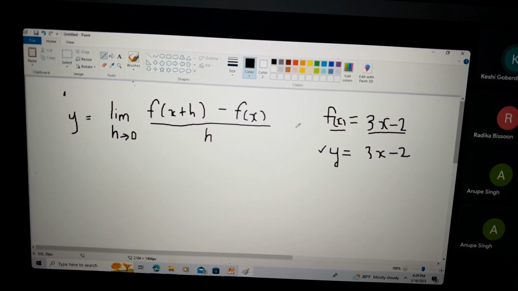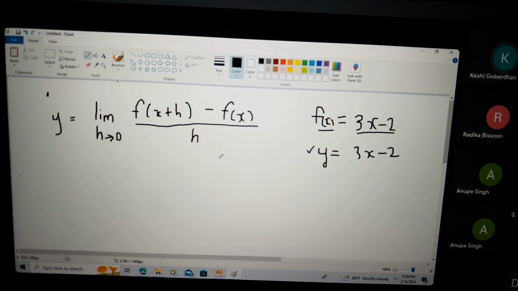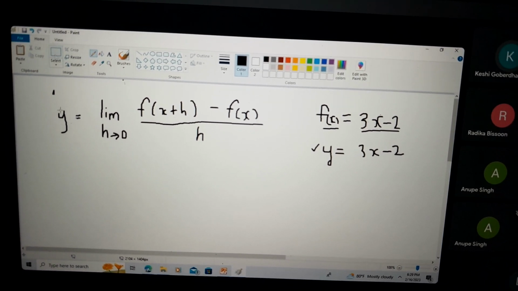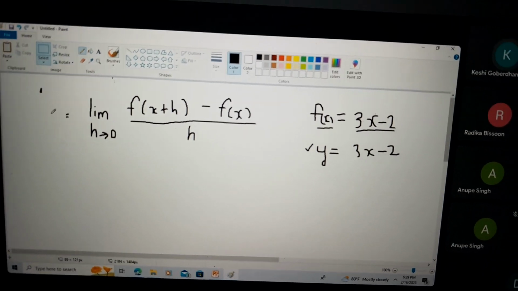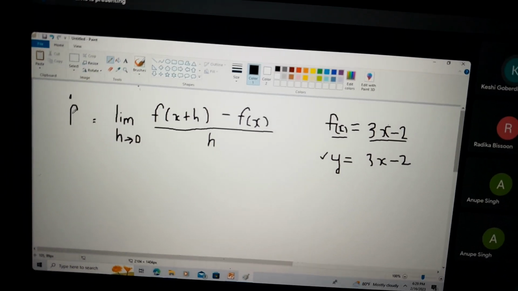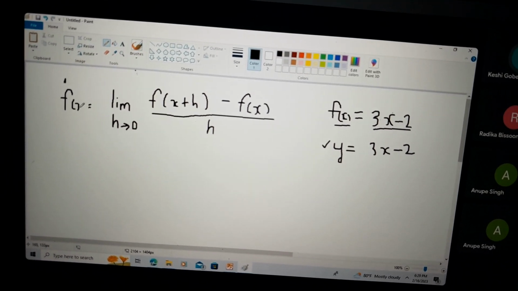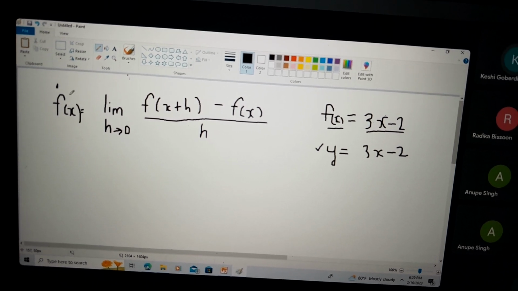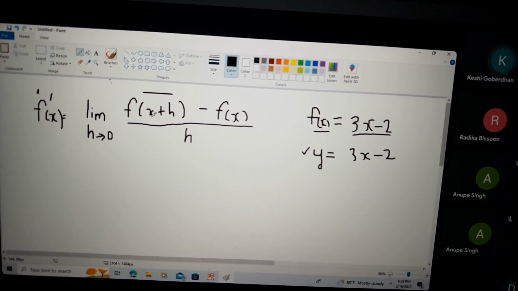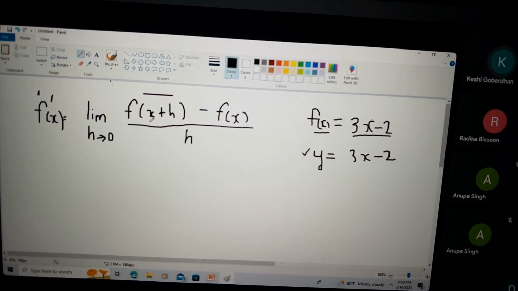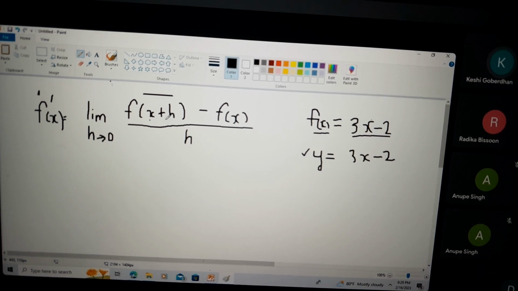So the basic understanding, what you have to do to find the derivative of a function, let me just go back to f of x. As you can see in this bracket right here, instead of putting x in the bracket, the function f of x, you have to put x plus h.